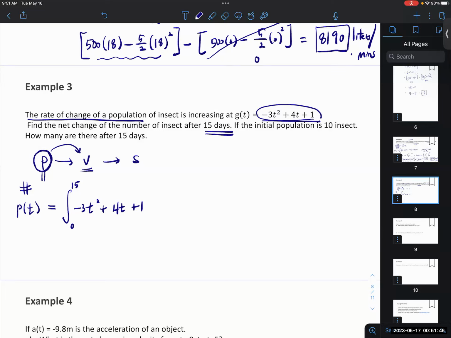It's increasing. I'm looking for only between 0 to 15. So this is the equation that we can set up. However, don't forget this. There was an initial population. You have to add the initial number of the insects.